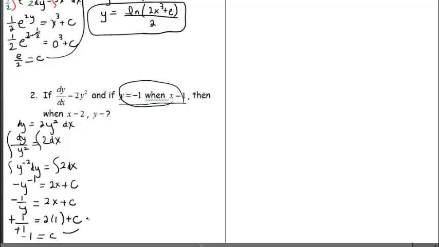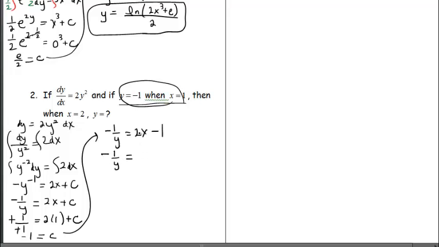I'll come back up here. Looking at this equation right here, I think it was -1. And I'm not finding y. I just need to find, well, I'm not finding the equation. Okay, y equals, I'm finding a value for y when x is 2. So I'm just going to plug in 2 right now and figure out what y is.